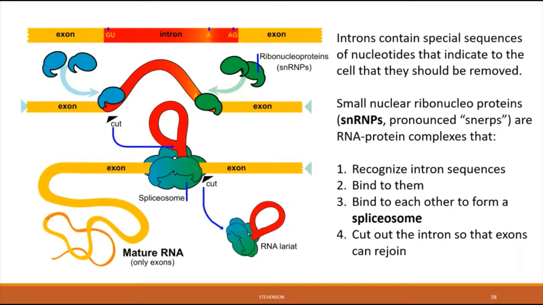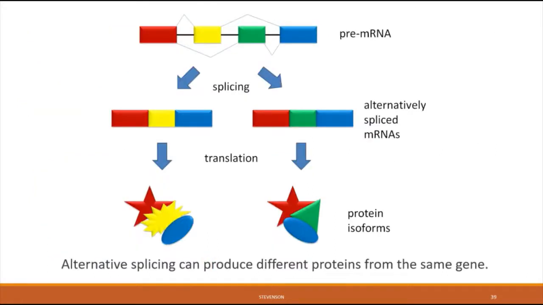The beauty of this process is that it allows for a phenomenon called alternative splicing, which is where different proteins can be produced from the same gene depending upon how you cut it. So if this up here is what the pre-mRNA looks like, then depending upon how the cell decides to slice it, it can either come up with one recipe or an alternative recipe that lead to different protein forms.